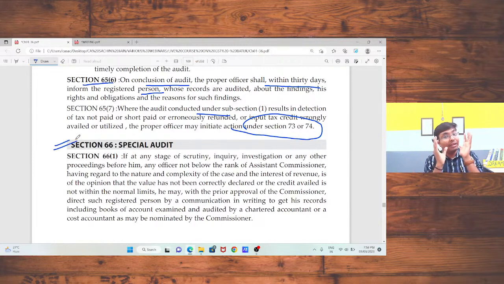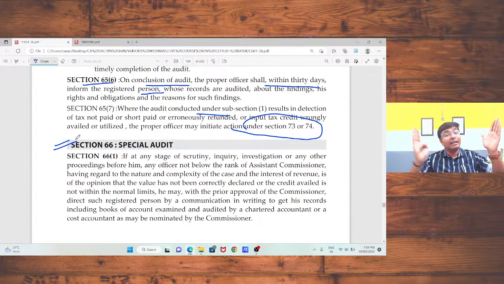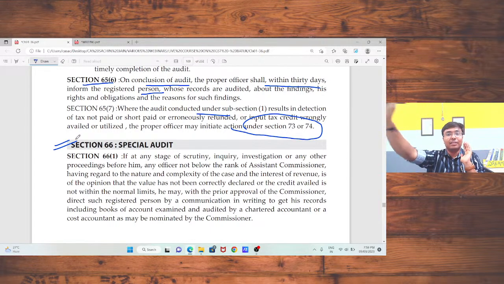Okay sir, so today we had discussed a very important term, that is audit and assessment. We had discussed the difference between audit and assessment. After that we had discussed self assessment, that is section 59 of the CGST Act, which is completely based on your GSTR 3B return prescribed under section 39.